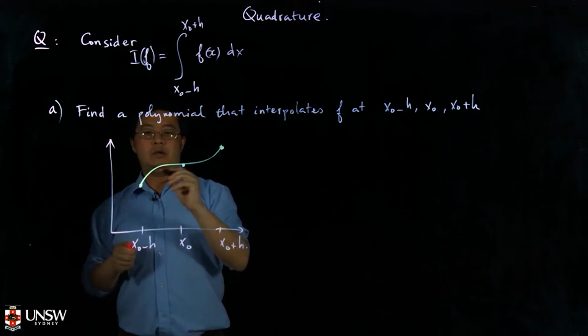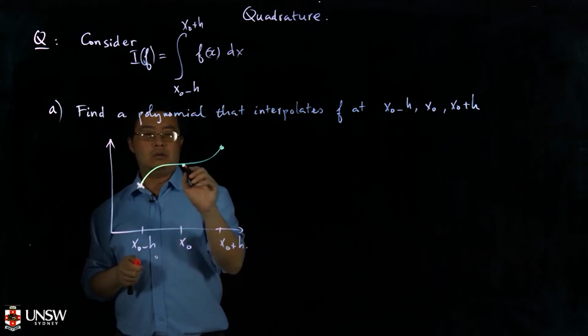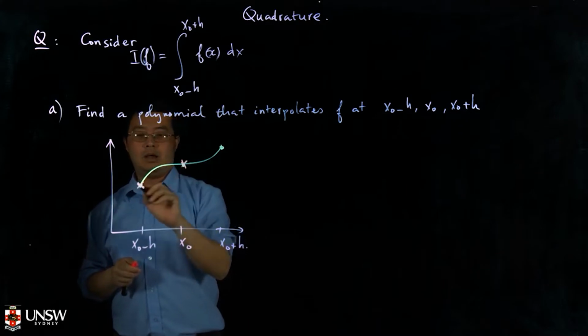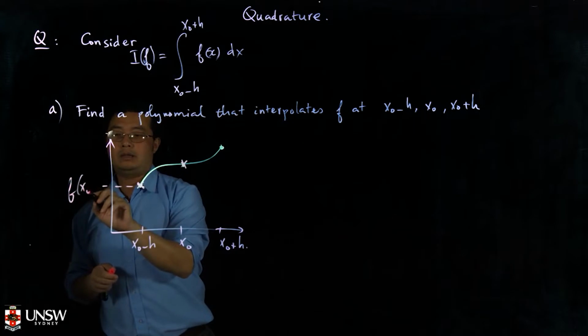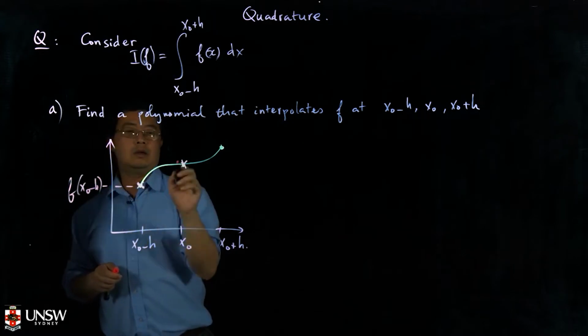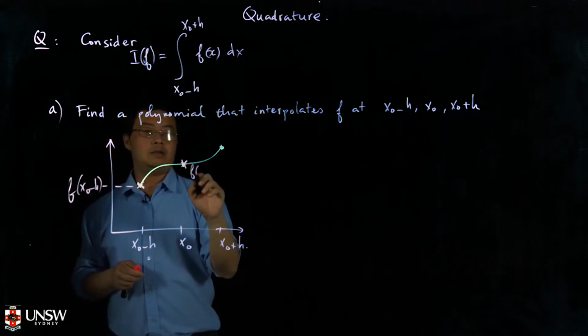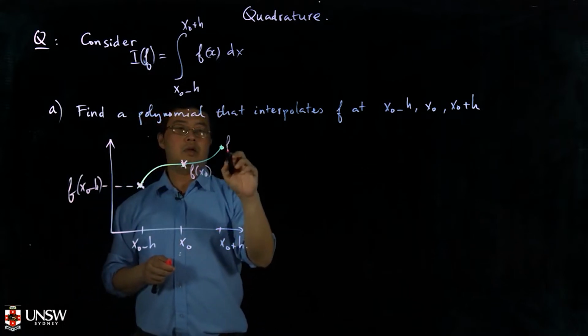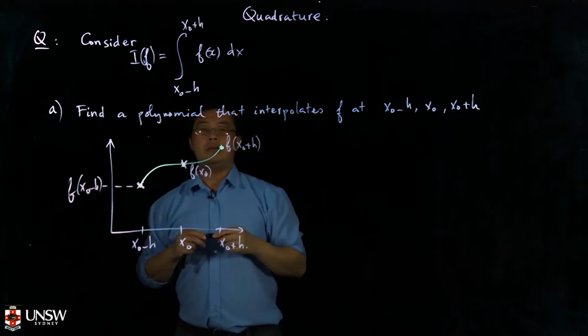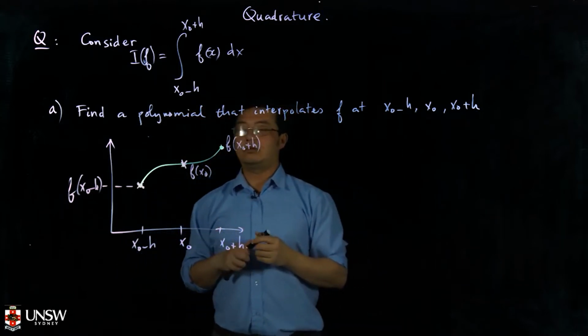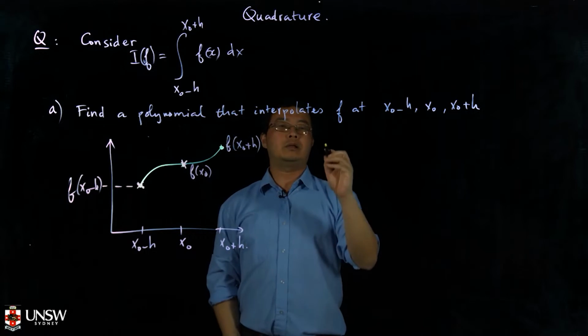So this one is f at x0 minus h, this one is f at x0, and this one is f at x0 plus h. And because there are 3 points, the polynomial should be a quadratic.